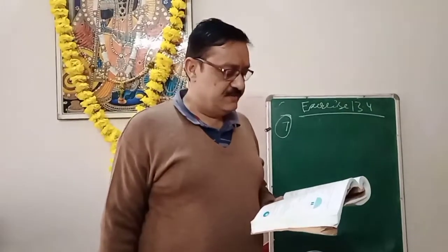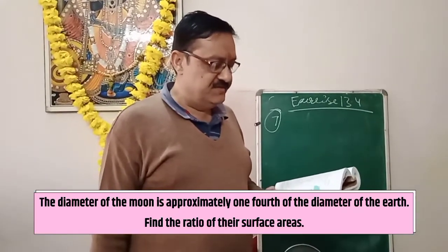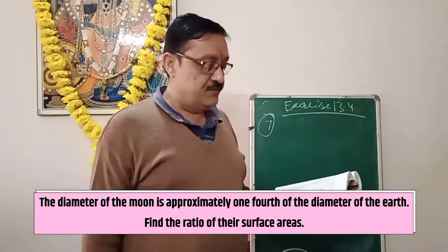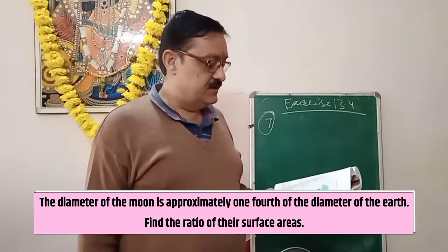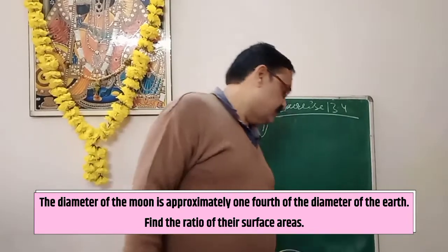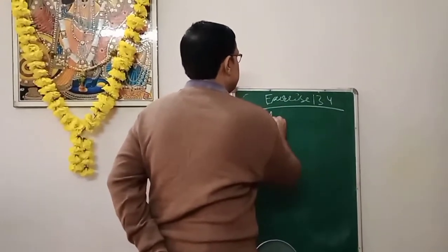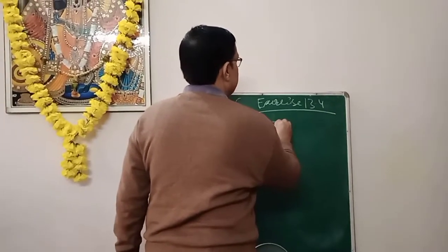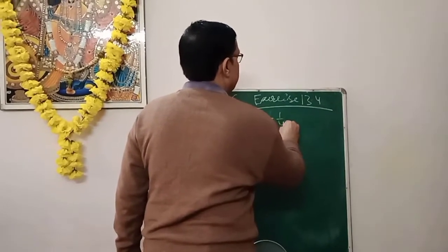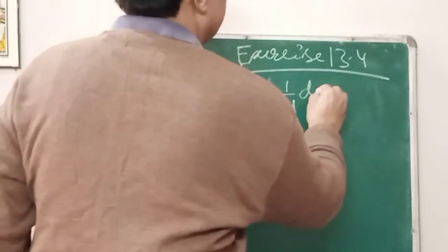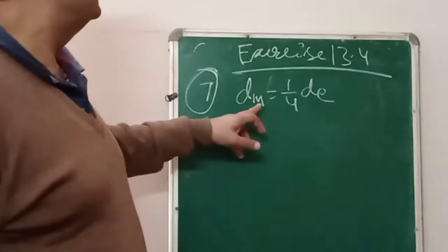Now the seventh question. The diameter of moon is approximately 1/4 of the diameter of earth. Find the ratio of their surface areas. Diameter of moon, dm, is 1/4 of diameter of earth, E for earth, m for moon.